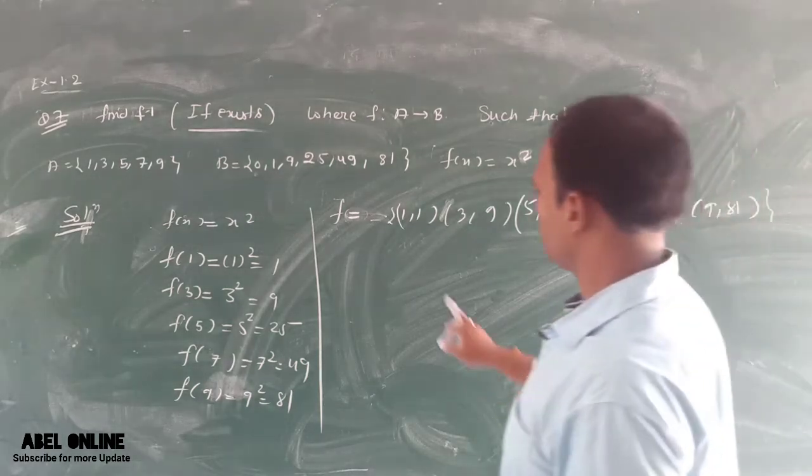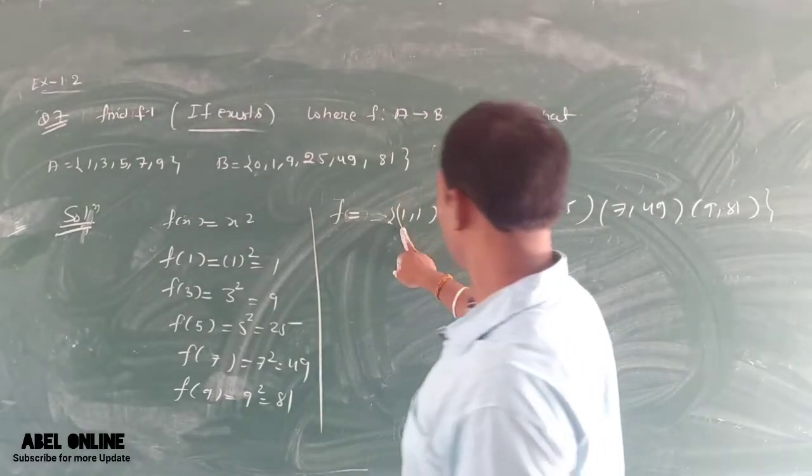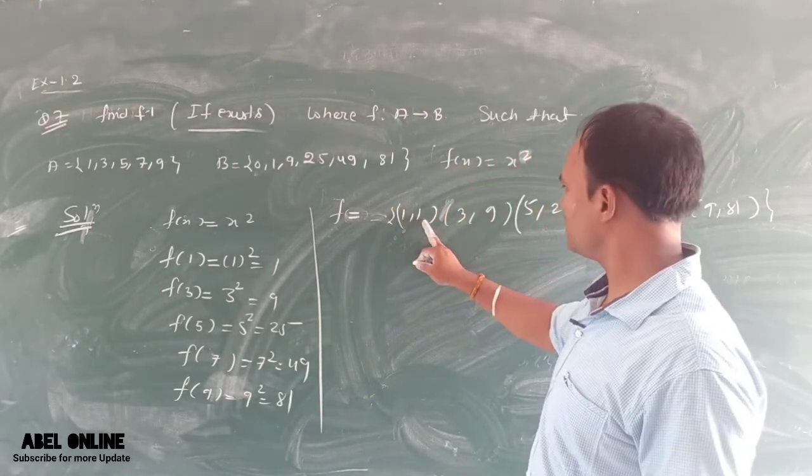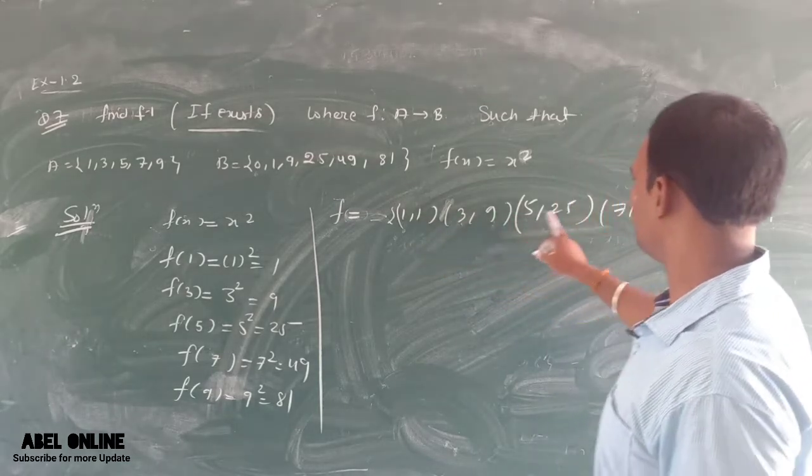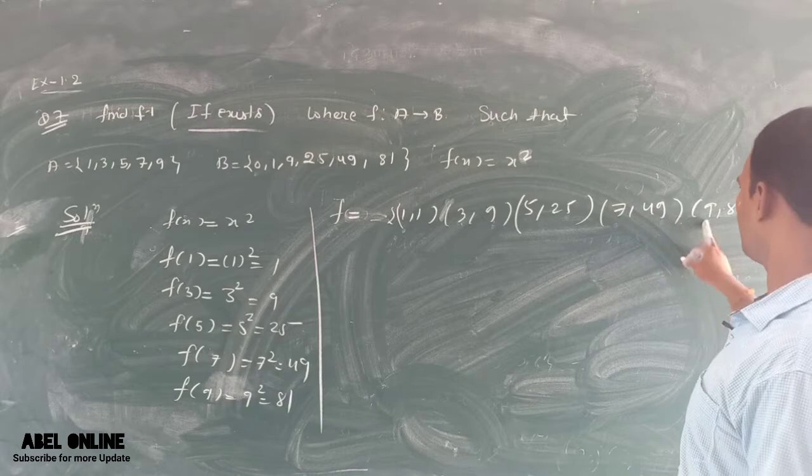So every element of set A is uniquely related with an element of set B. Means 1 is related to 1, 3 to 9, 5 to 25, 7 to 49, 9 to 81.